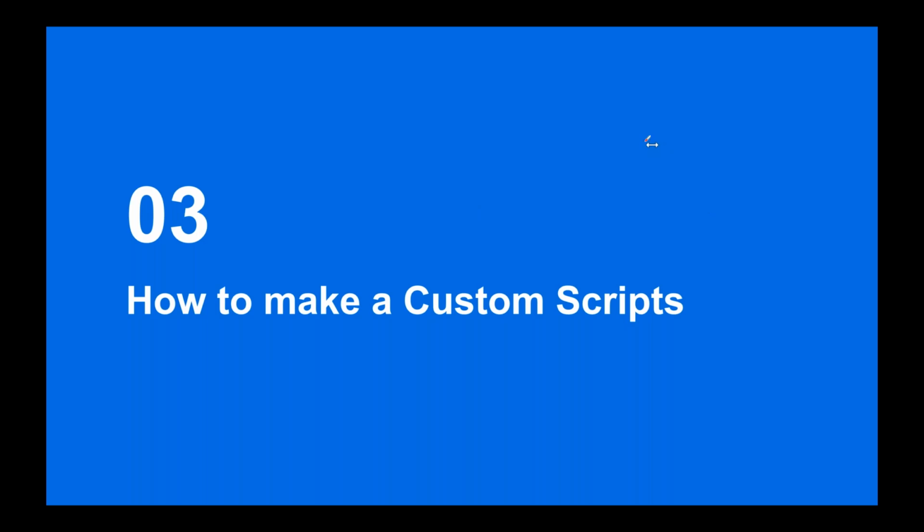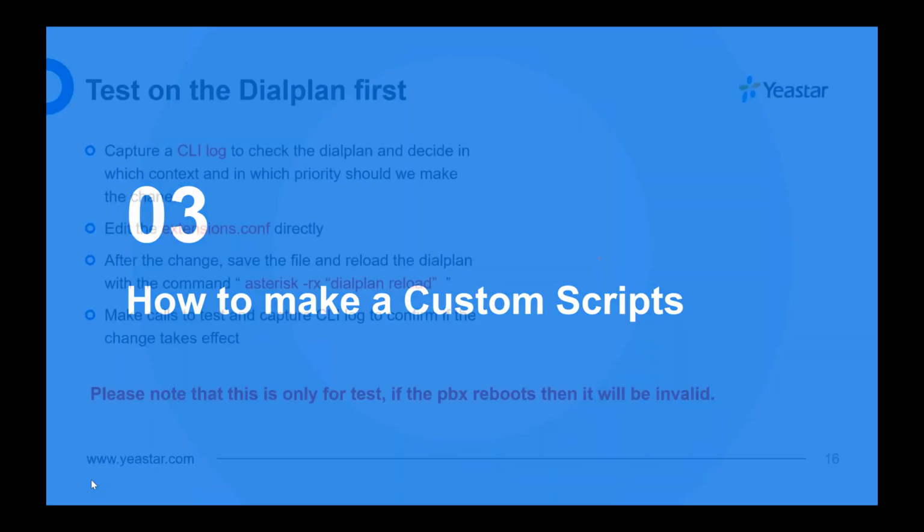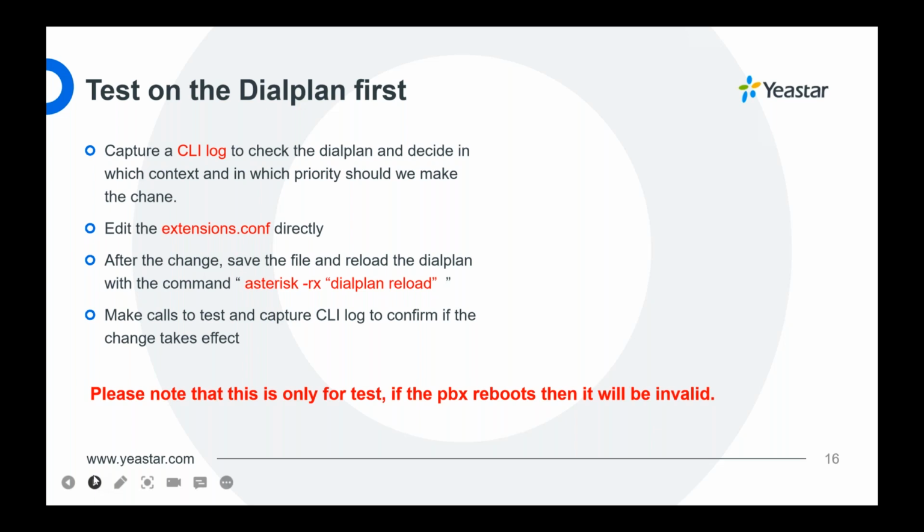Okay, then next part is how to make custom scripts. Firstly, if we want to make a change on the context or add some new scripts, we are not sure if it will be working the first time, right? So we have to test.